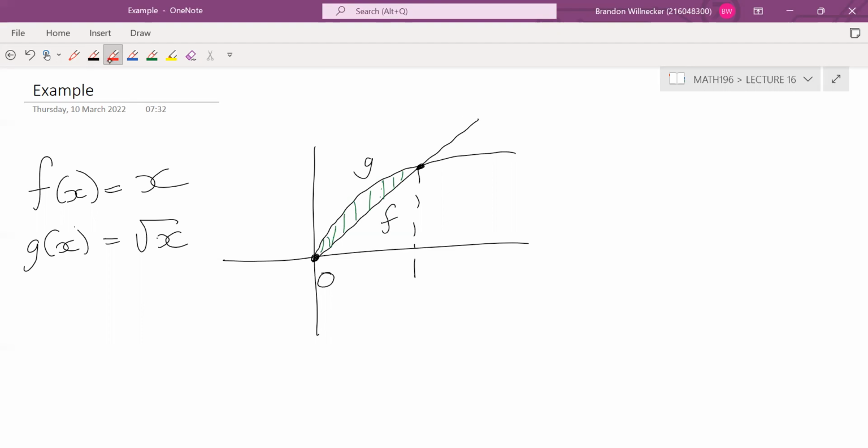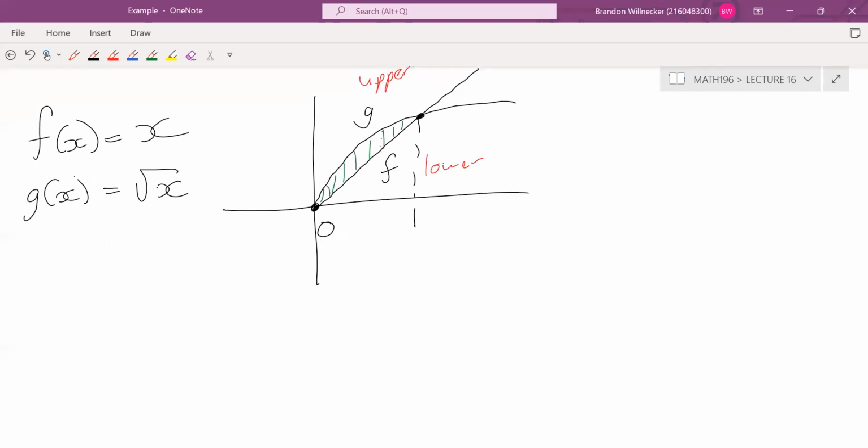Okay, so now g is the upper function, and f is the lower function. Okay, so we know which one's the upper function, we know which one's the lower function, and we know the two intercepts of the functions. So now we can use that to find the area.